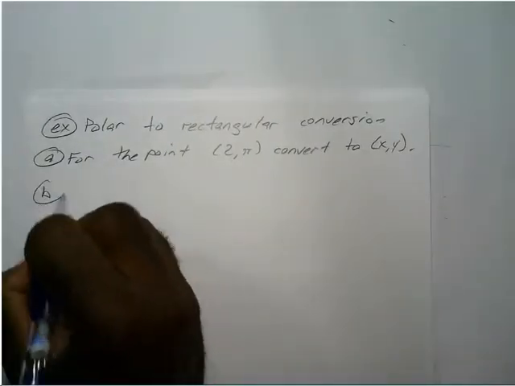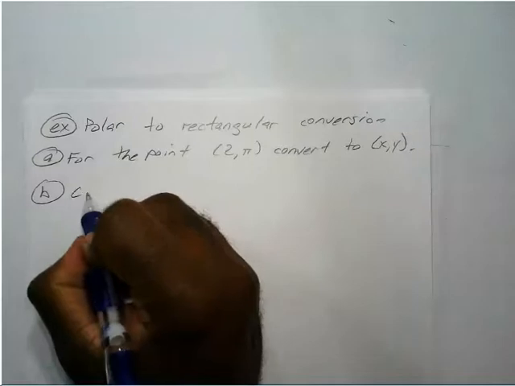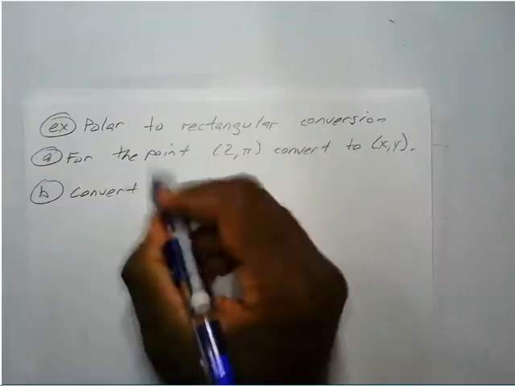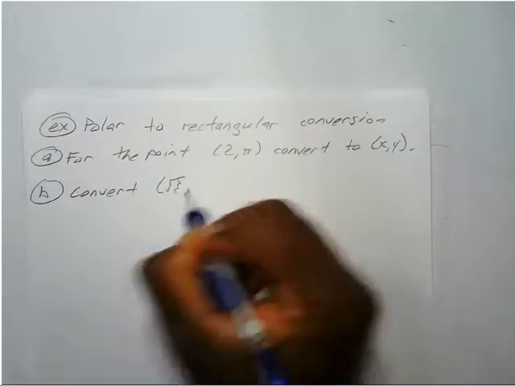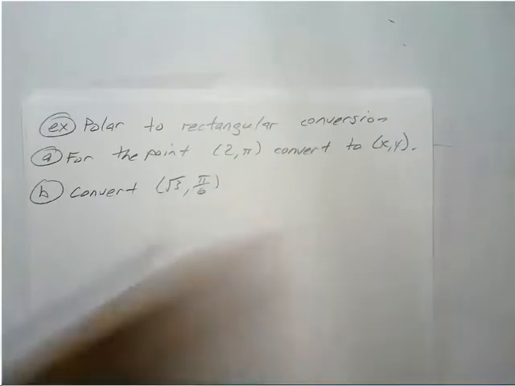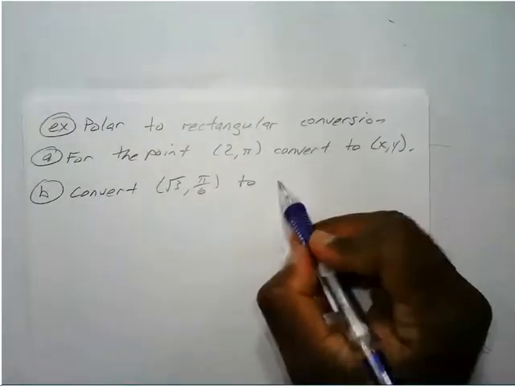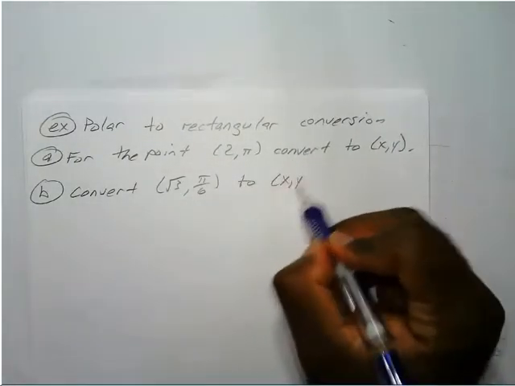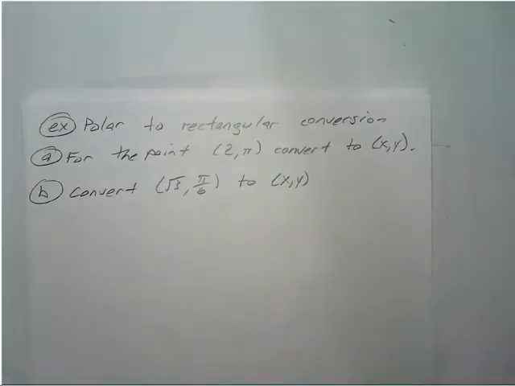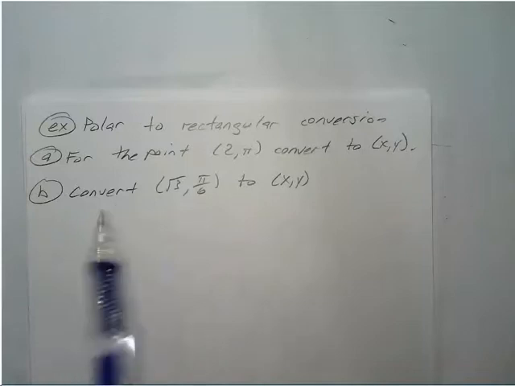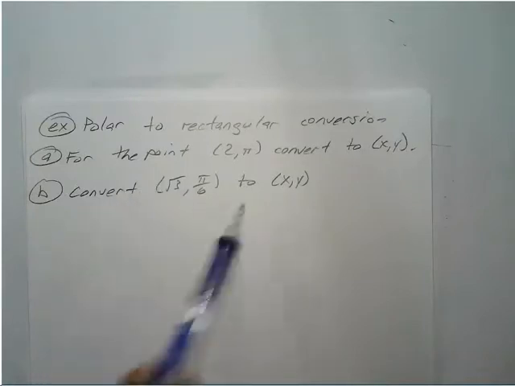And for problem B, let's say we want to convert (square root of 3, pi over 6) to rectangular, or x comma y. Okay, so these are both asking to convert polar to rectangular, or polar to Cartesian, whichever way you want to say it.